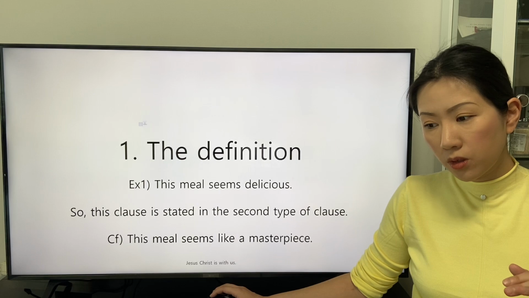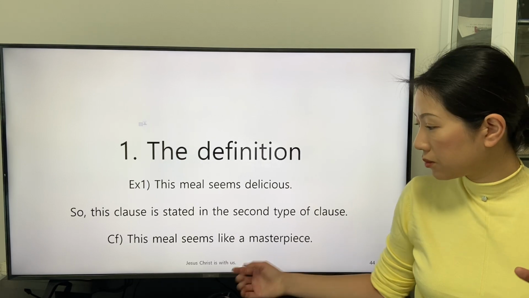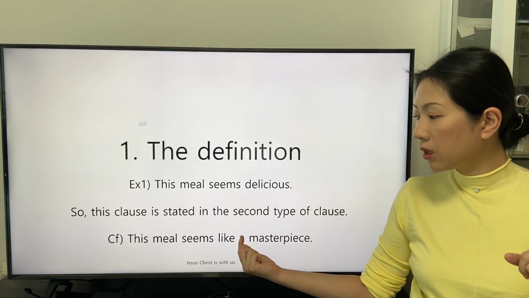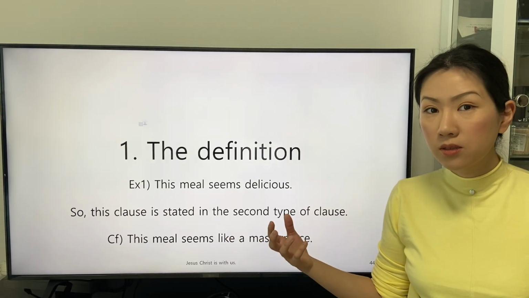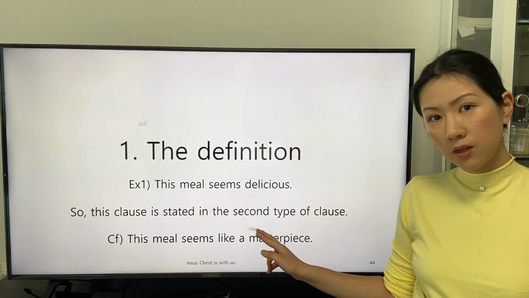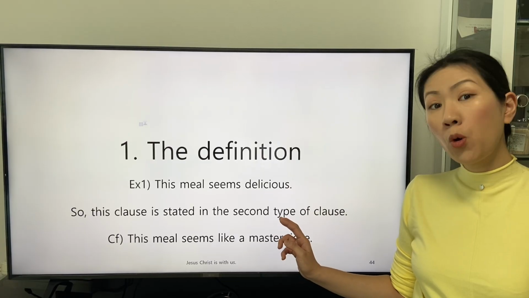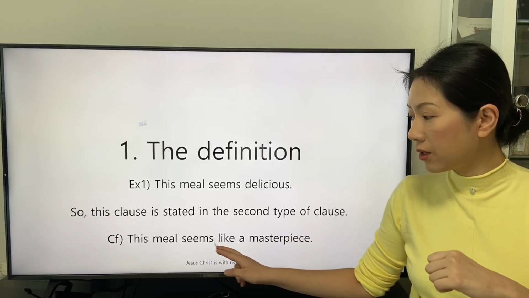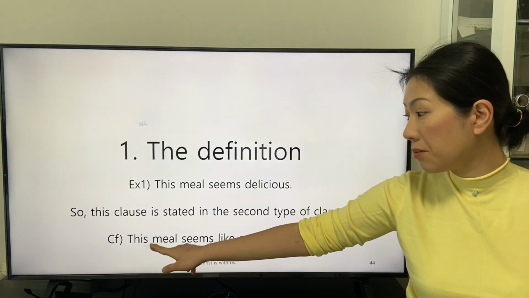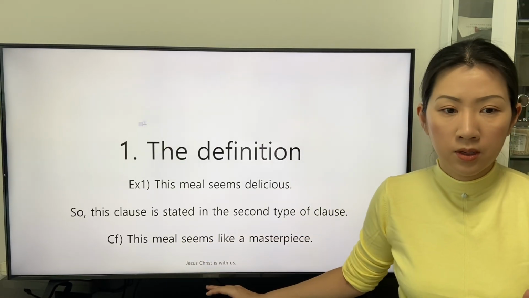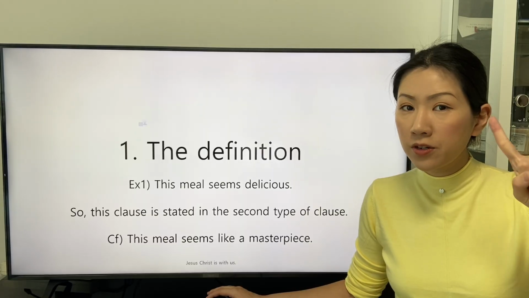So a clause can be stated as a subordinate clause linked by the conjunctive adverb like to the main clause. This meal seems is stated in the first type of clause.